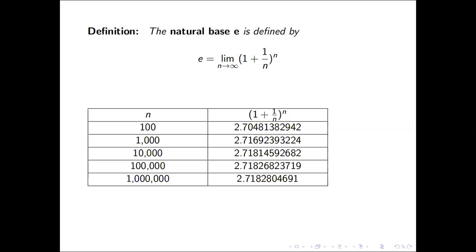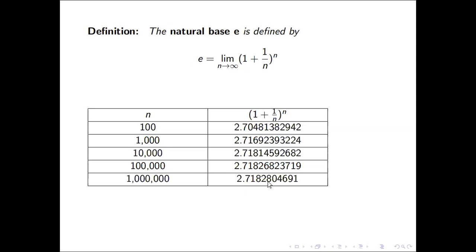Now, if we observe what's happening to this quantity as n approaches infinity, we'll see that they will be approaching a definite value. And that value is e. In fact, for n equals 1 million, we'll have 2.71828046991, which is correct to 5 decimal places, 2.71828.